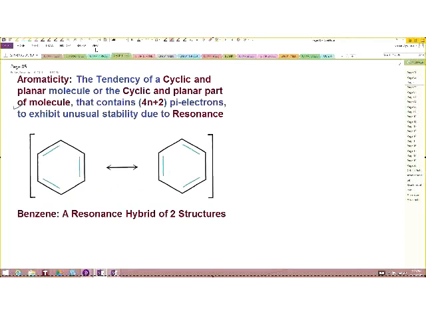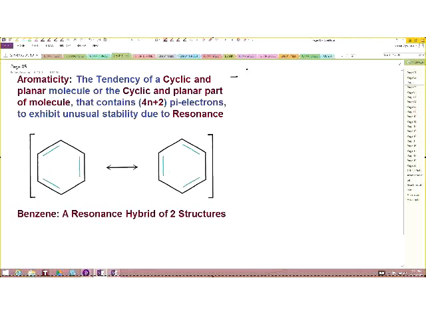Okay. The question is, we want to start studying aromatic compounds. What do we mean by aromatic compounds? What do we mean when we say a molecule is aromatic? Okay, what I want to do now, even though I've sort of given you a definition here, I'm going to give you a few requirements that make a molecule aromatic.